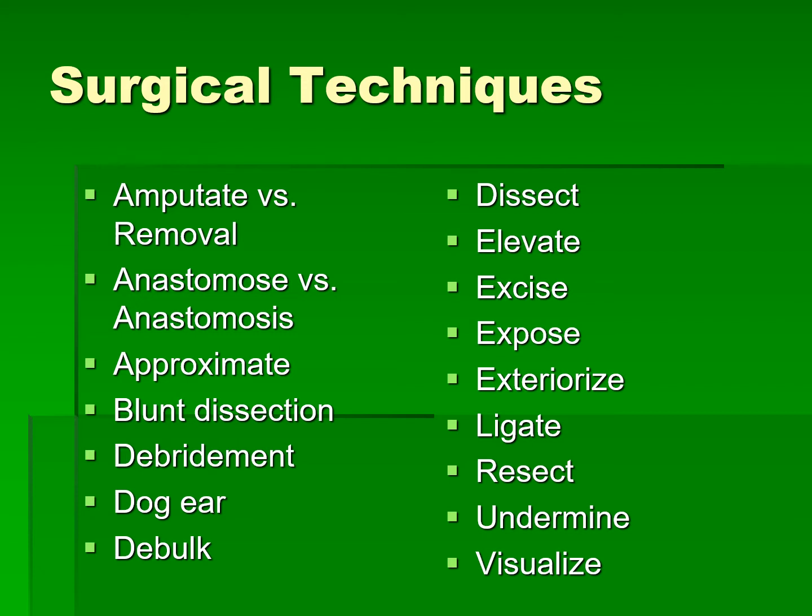A good example would be the bone has that thin covering. Remember, back to anatomy, the periosteum that covers the outside of bones. We can use an elevator to remove or lift that periosteum, all right? And that would be an example of elevating a tissue.